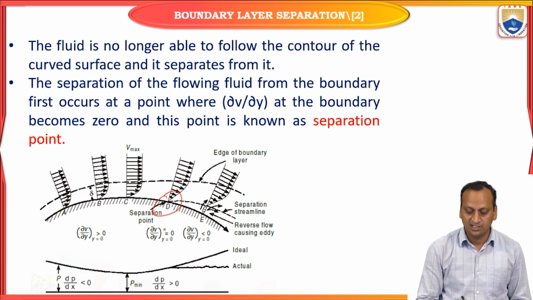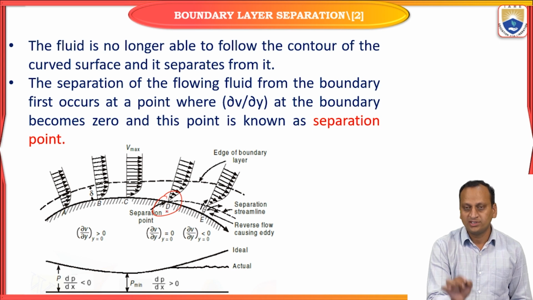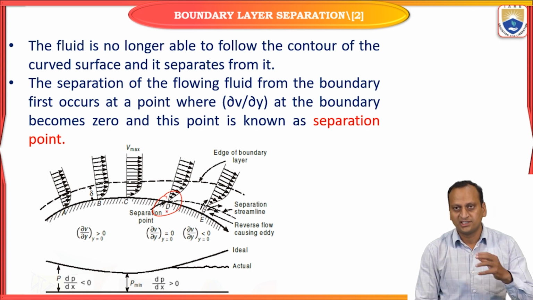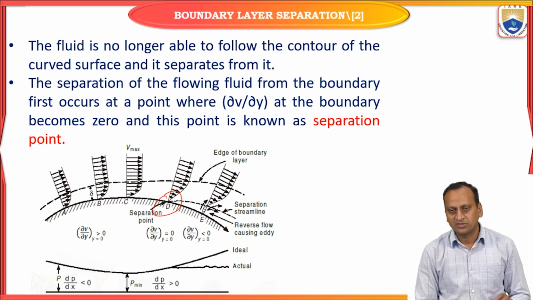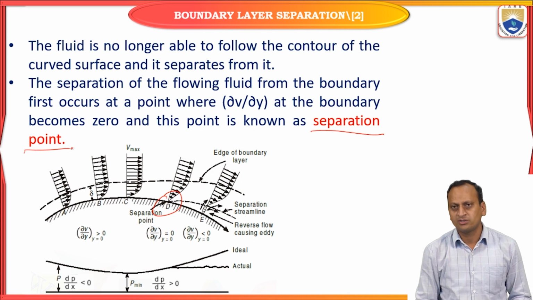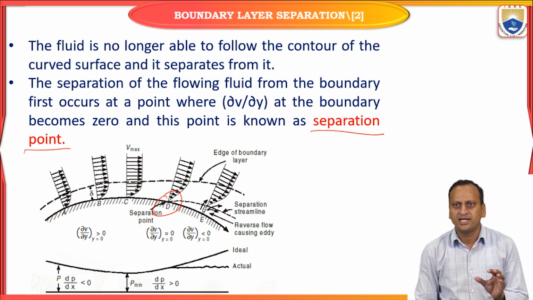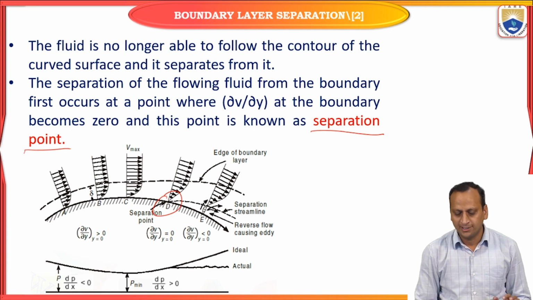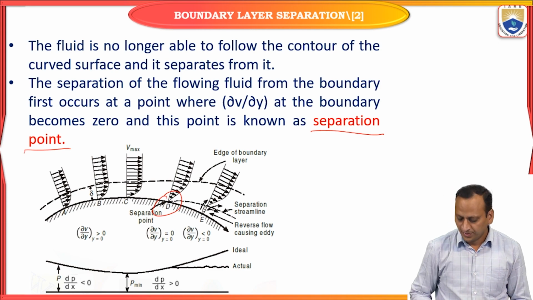As ∂V/∂y becomes 0, it won't continue with the solid body, and due to this retarded flow, it will be separated. The separation point is nothing but where the boundary layer separates from the surface of the solid body and mixes with the mainstream.